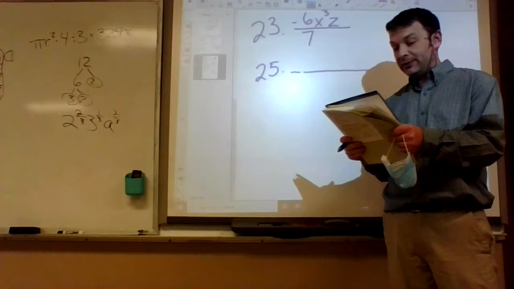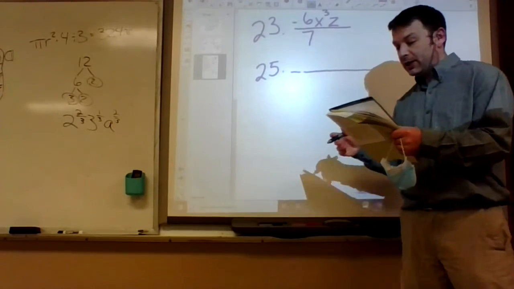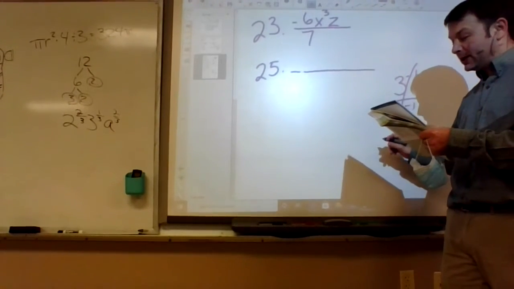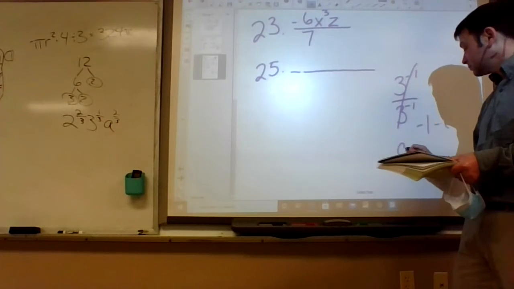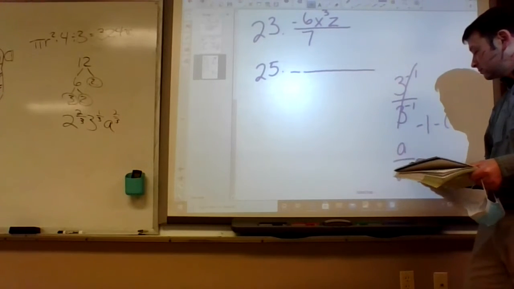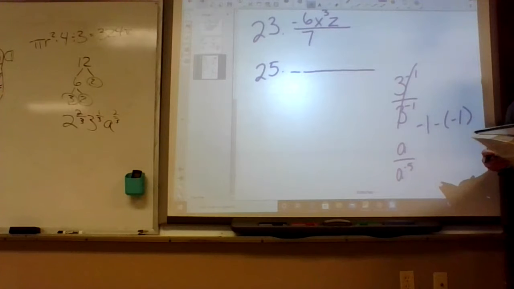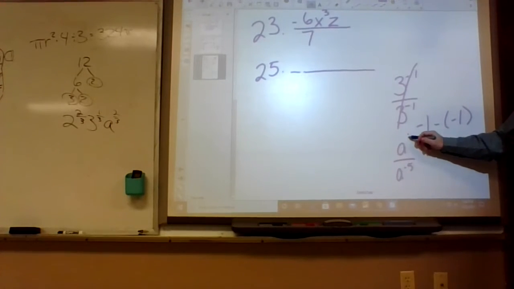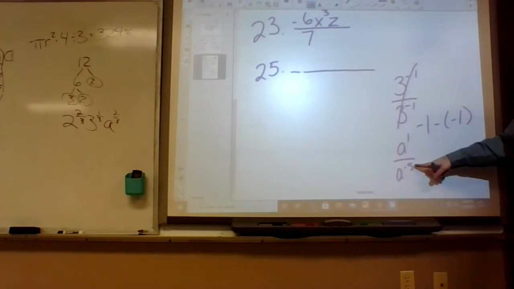Okay, 25. So, Marianne, I see a divided by a to the negative 5th. So basically that's 1 minus negative 5. Negative 6?